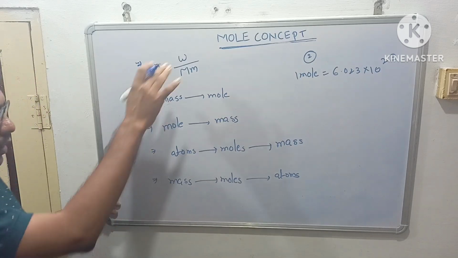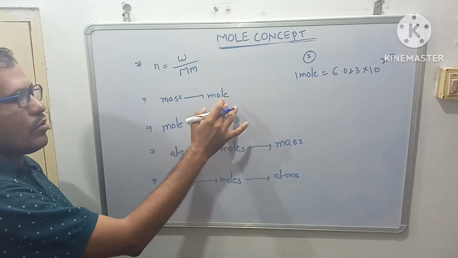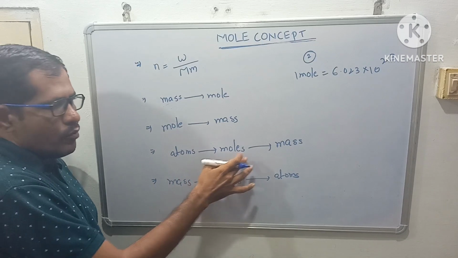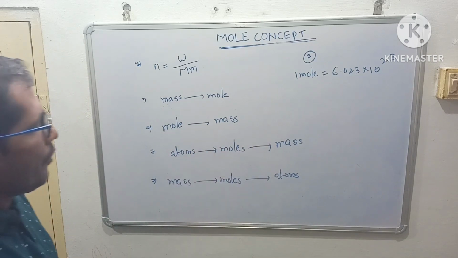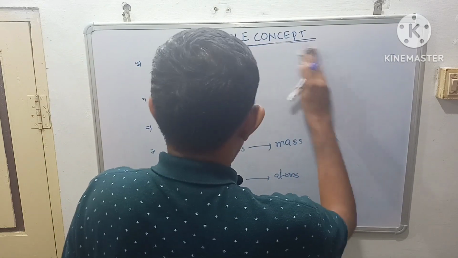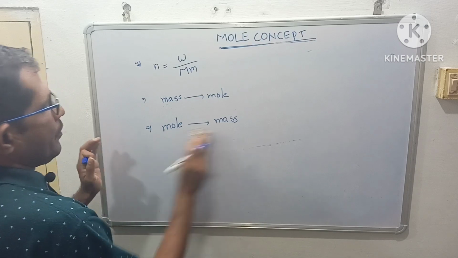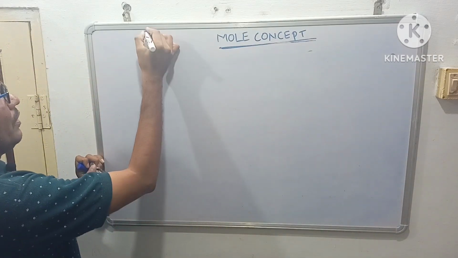So now understand this path. Now I am going to solve the problems. First path is mass to mole. Second, mole to mass. Next, atoms to moles, moles to mass, mass to moles, moles to atoms, right? I am going to write the problem over here. Let me write it small to understand you better, right?